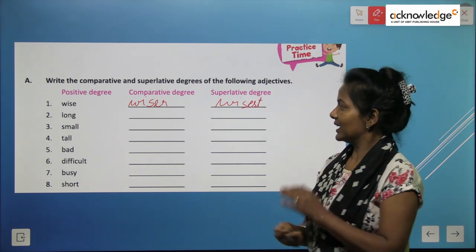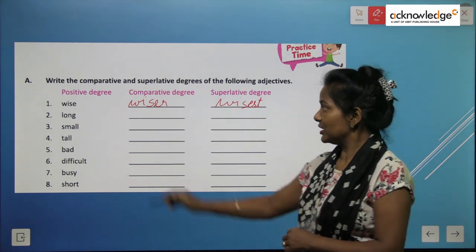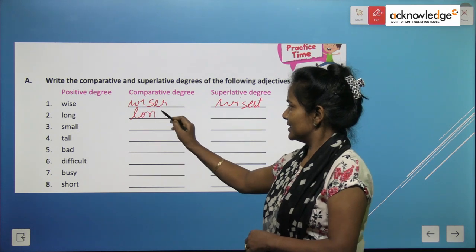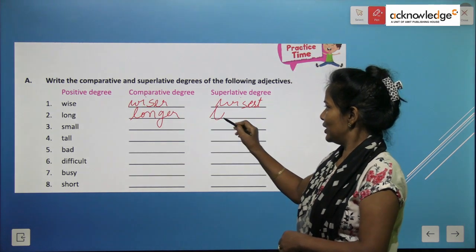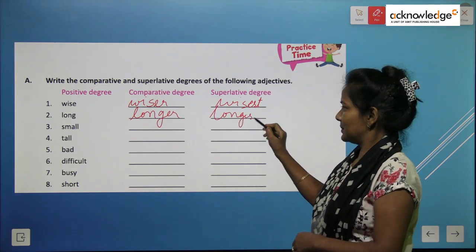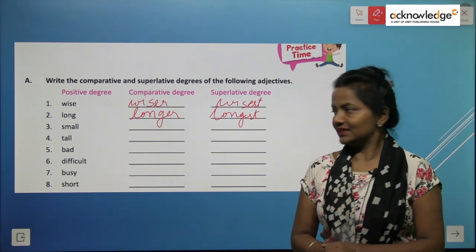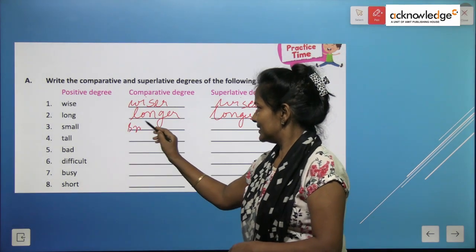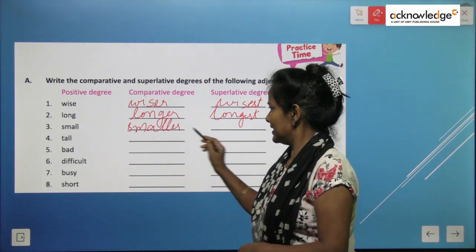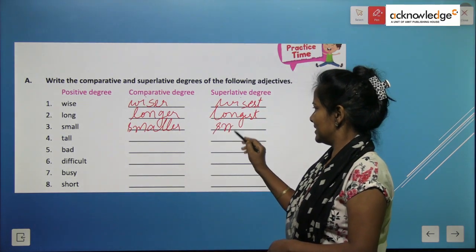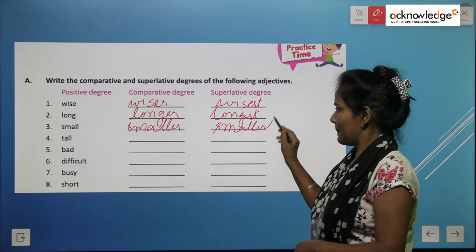Okay. Long, L-O-N-G, long, longer and longest. Small, smaller. So here we are adding ER and EST, smallest.